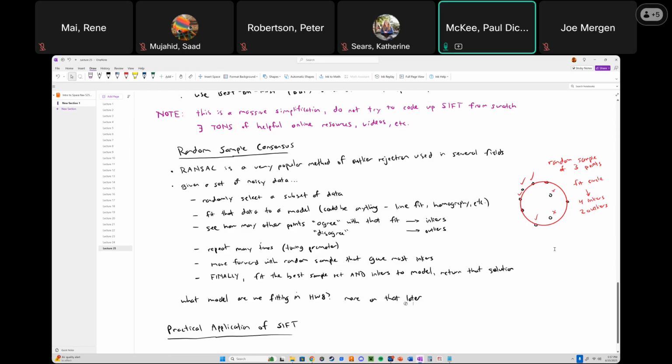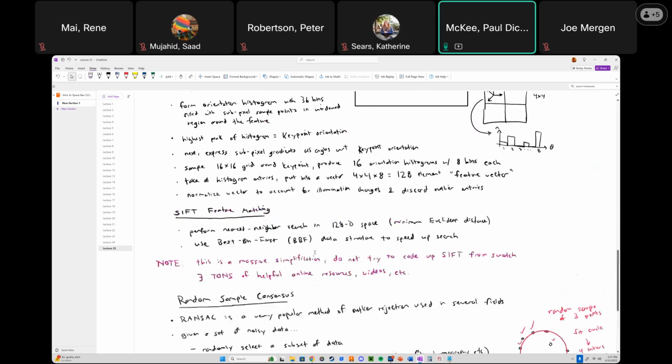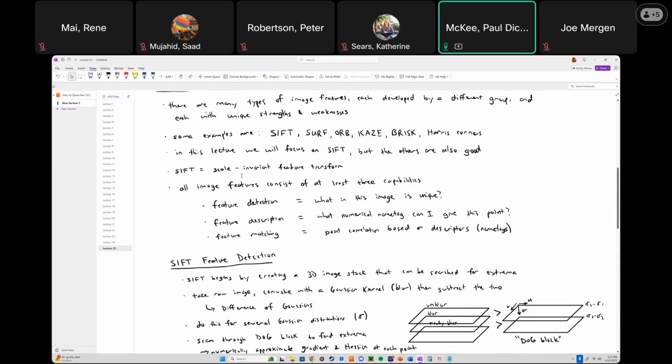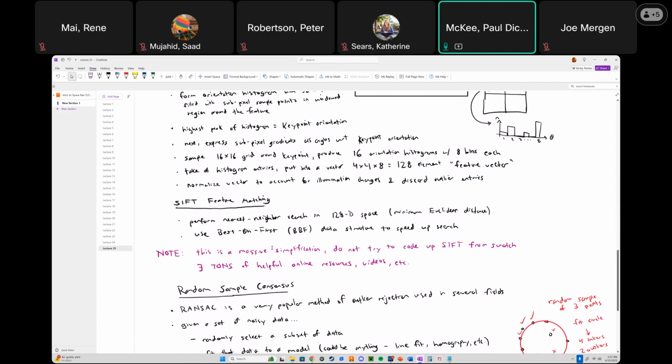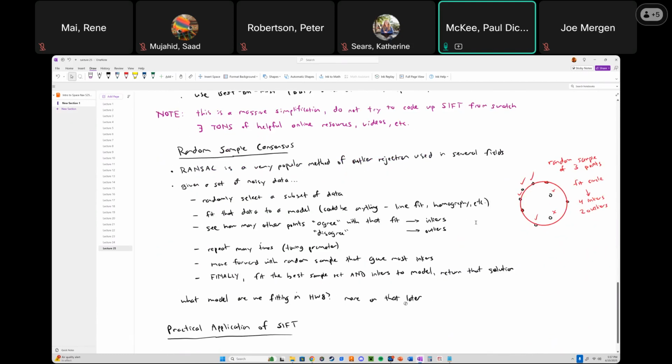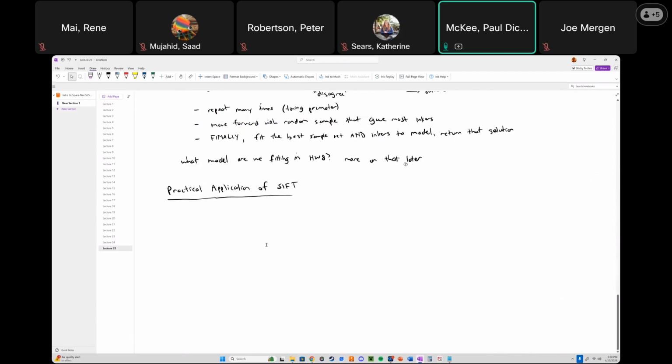Okay. So then finally, how do we actually use SIFT? Because we need to be able to detect features, describe features, match features, and get rid of the dud matches through RANSAC. So here's kind of what your pseudocode might look like on homework 8.